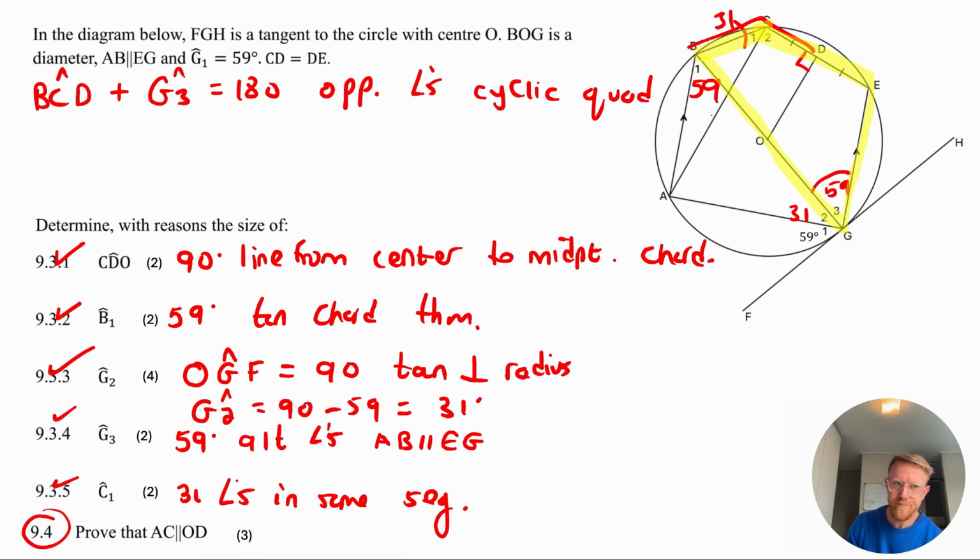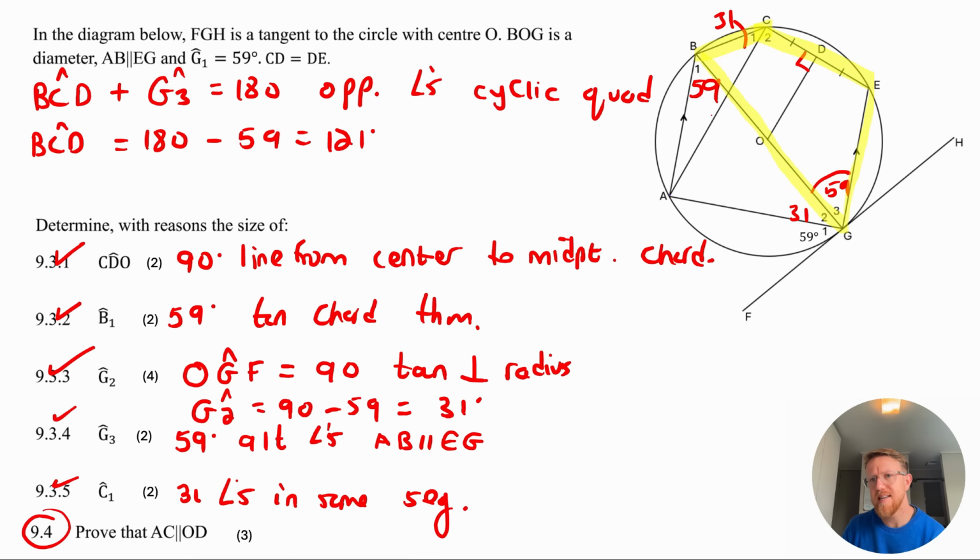So angle BCD is going to be 180 minus 59, and that's going to be 121 degrees. So C1 and 2 is 121, but C1 is already 31 degrees. So C2 is going to be 121 minus 31, which is 90 degrees.